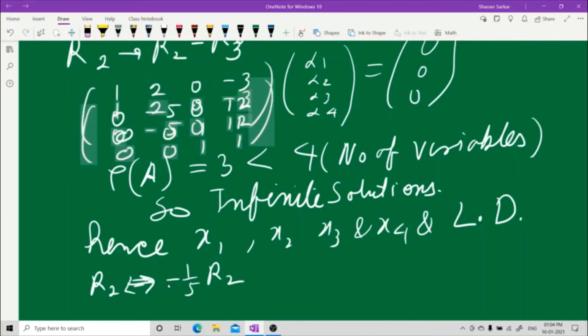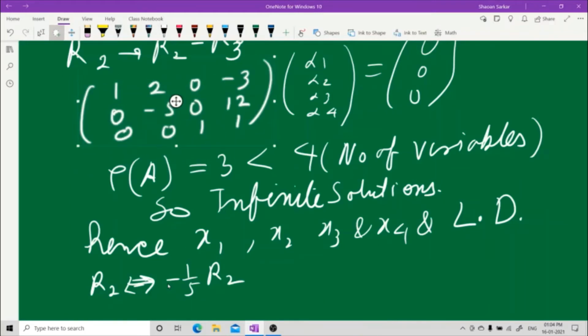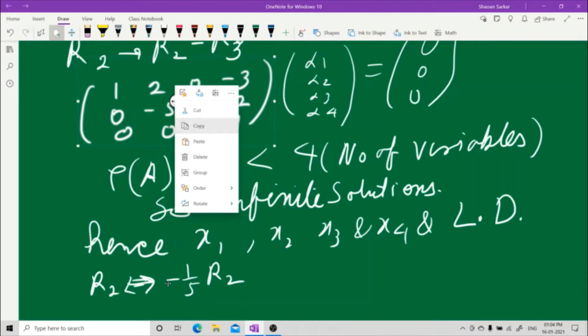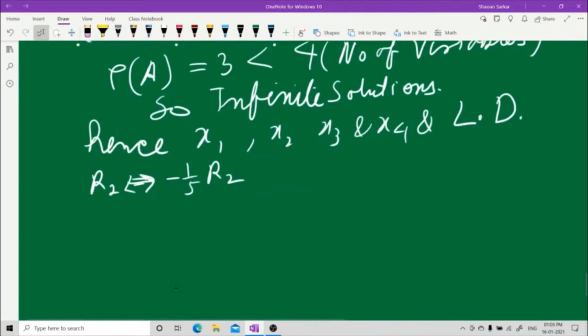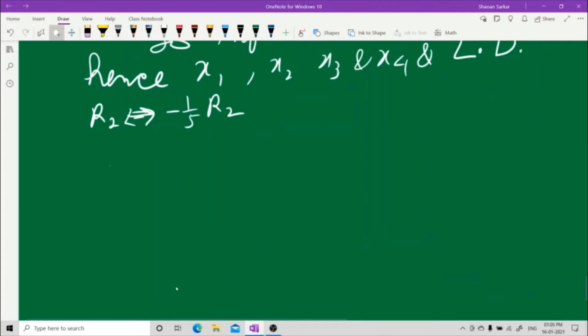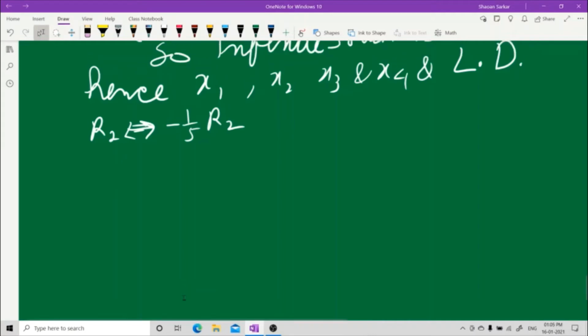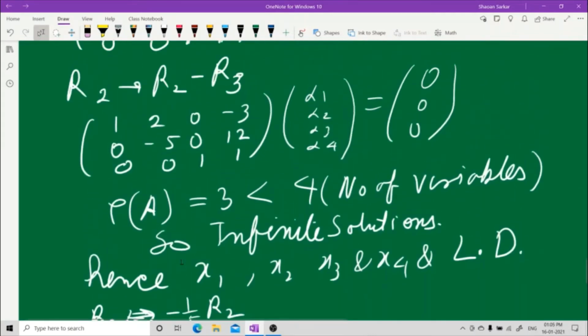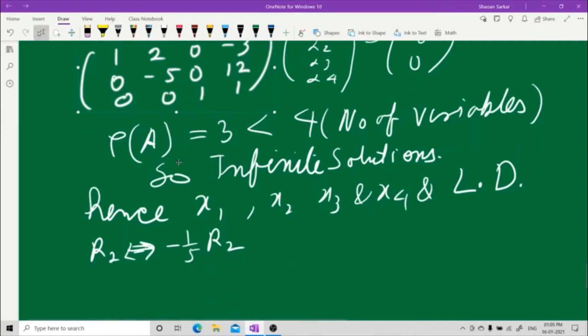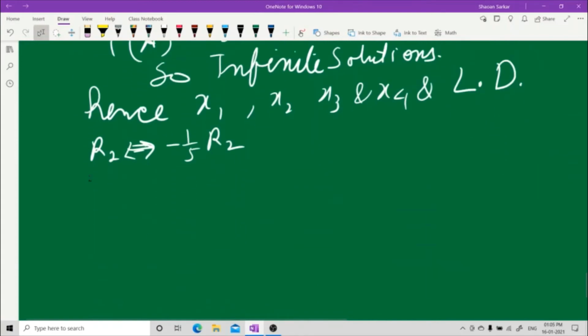Wait a minute, let me copy this whole matrix here.